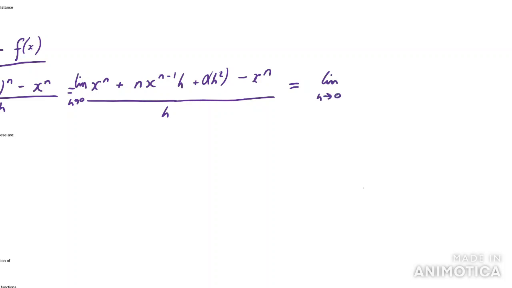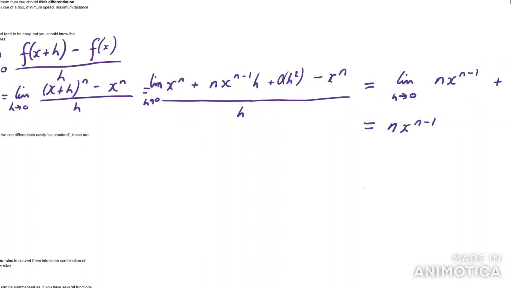Tidying that up, the x to the n's cancel. The first term is just n x to the n minus 1, and then just a bunch of terms with at least an h in them, because order h squared divided by h will still have an h in it. As h tends to 0, that just leaves us with n x to the n minus 1.